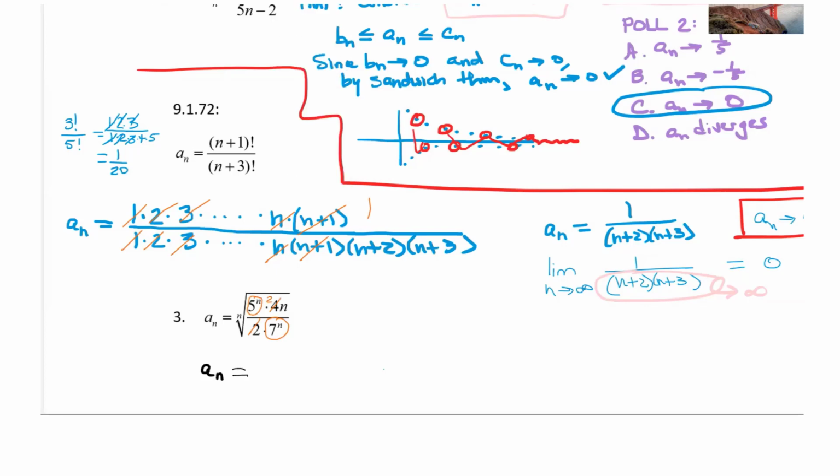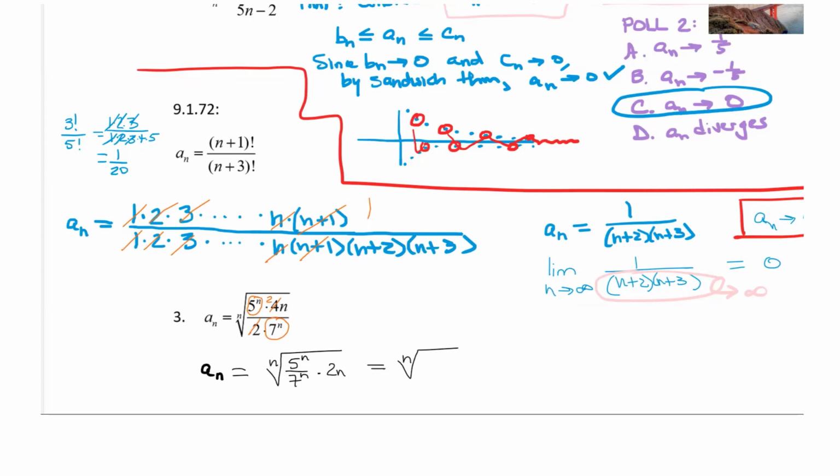So here I'm going to say, well, let's see, the nth root of, I'm going to think of this as 5 to the n over 7 to the n times 2n, and see what I can do with that. Well, when you have a product, you can break it apart. So we have the nth root of 5 to the n.